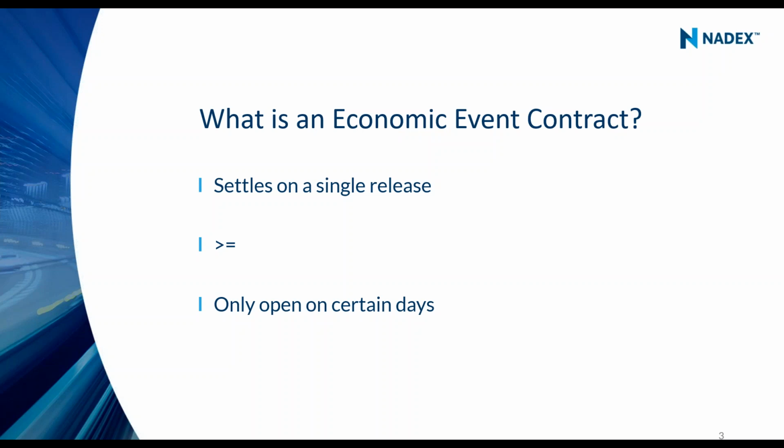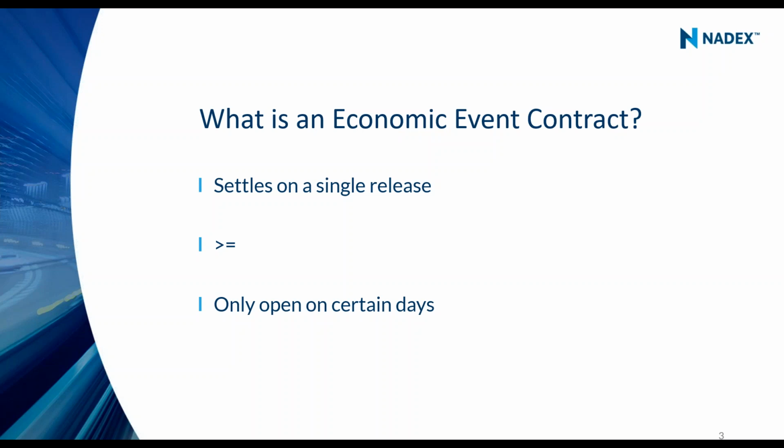So, while the euro dollar might be a certain price today and it's going to move by expiration, the economic events, there's no real price for it right now. It's just going to come out on that release date. And so generally how that release works is the release will come out on, I think all of these contracts, at 8:30 a.m. Eastern time, the morning of the release.